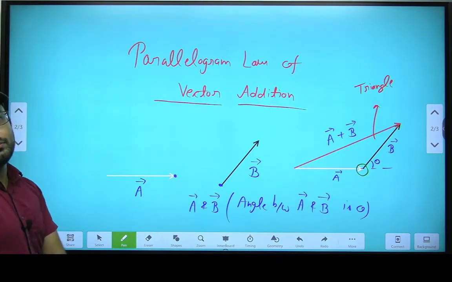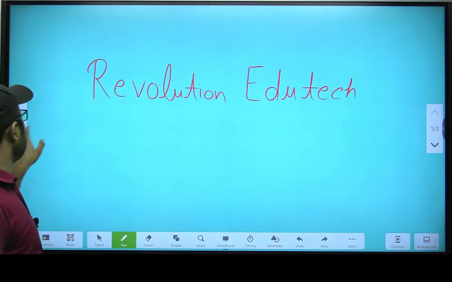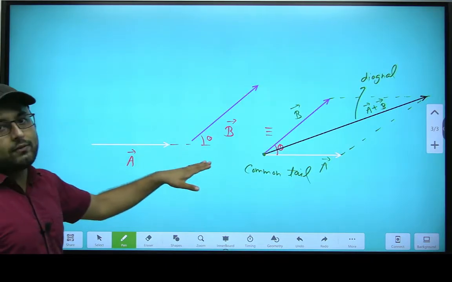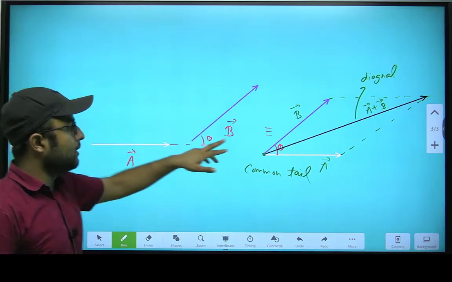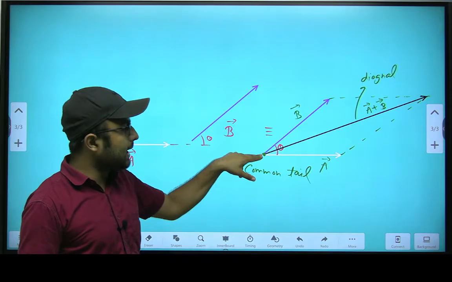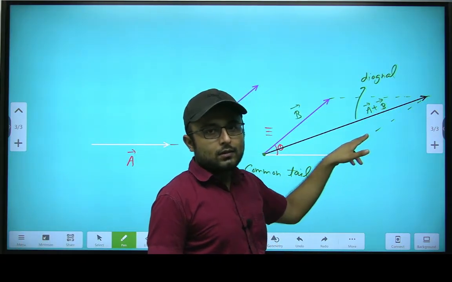This is known as the polygon law of vector addition. But in the parallelogram law of vector addition, what have we done? We have joined the tails of both vectors. Then we have constructed a parallelogram.